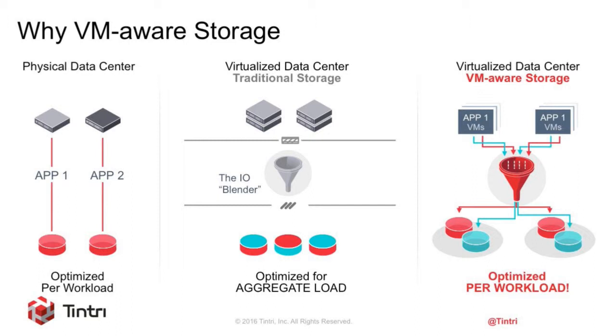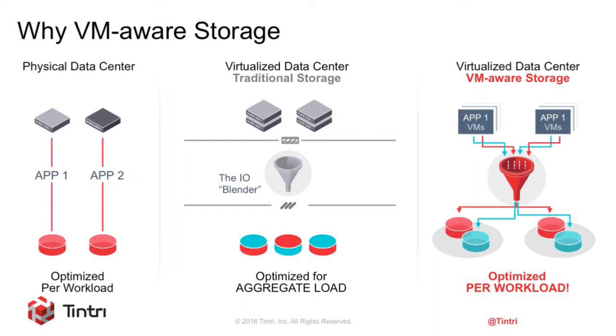But with virtualization, what we saw is that as you are able to move your compute instances and virtual machines around, storage basically remained the way it is, and it started optimizing for the aggregate load. So you got multiple VMs, you put them in one LUN or one volume, and then you optimize according to the load of that volume or LUN.